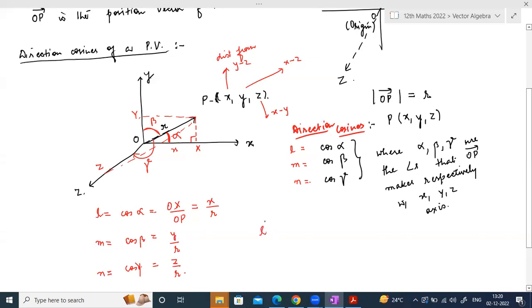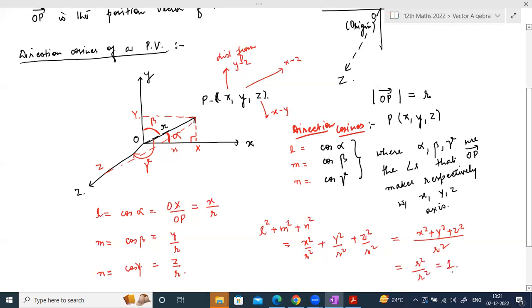Now, if you try to find out l square plus m square plus n square, what will you get? X square upon r square plus y square upon r square plus z square upon r square, which equals x square plus y square plus z square upon r square. And x square plus y square plus z square is nothing but r square only.